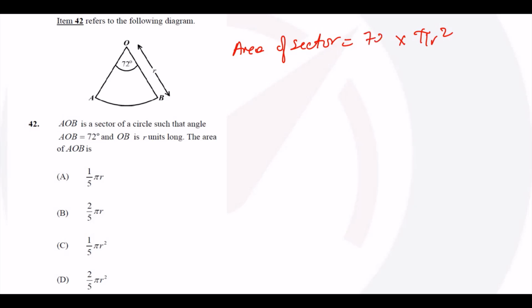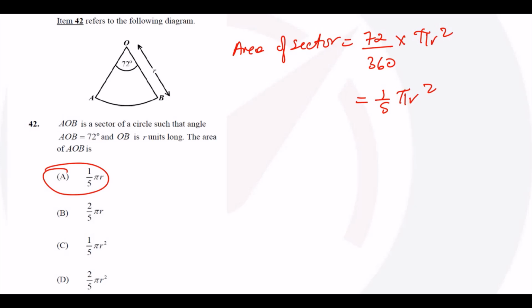That's going to be 72 over 360, because the fraction of the circle given is 72 out of 360. And then we can break that down, and that will give us 1 over 5 pi r square. So hence our answer is going to be A.